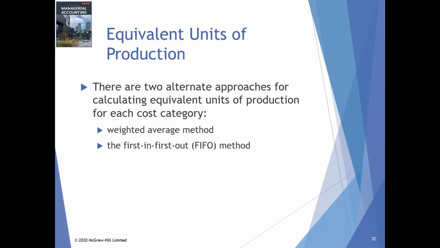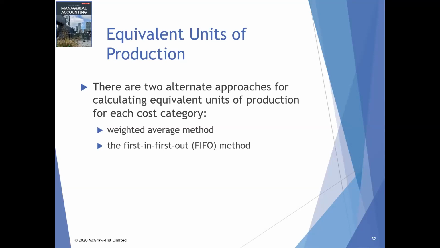Now, equivalent units of production. There are two alternative approaches for calculating equivalent units of production for each cost category. The first is the weighted average method and the second is the FIFO method, which is known as the first in, first out method.